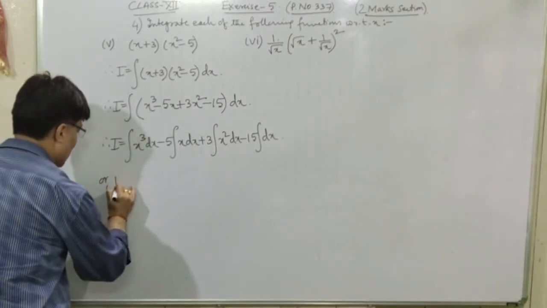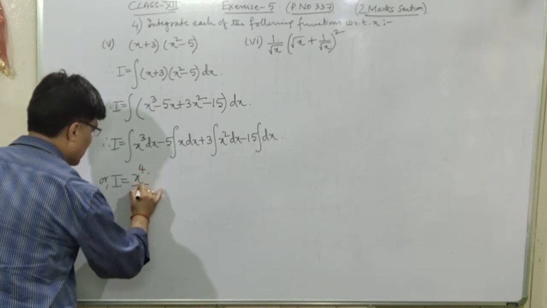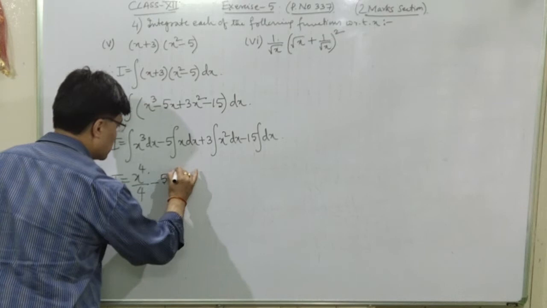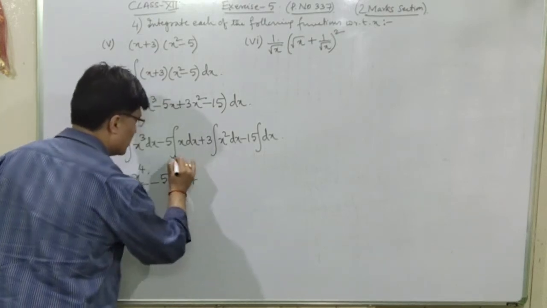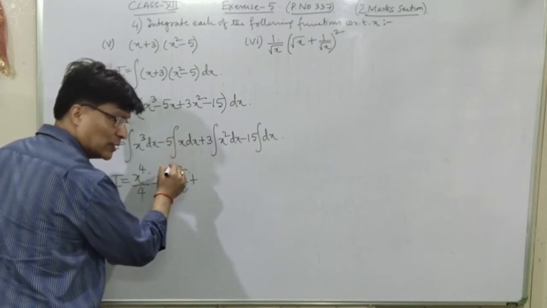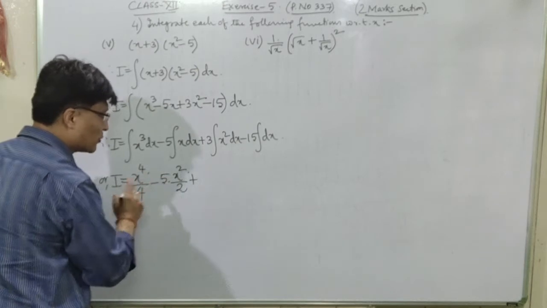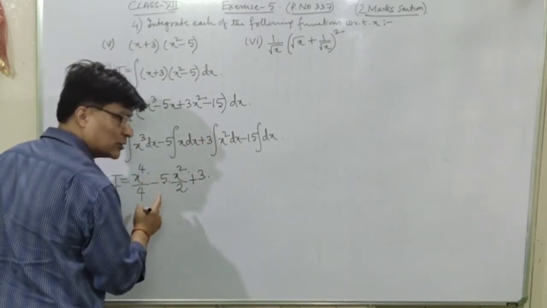So I is equal to, what is integration of x cube? X to the power 4 divided by 4 minus 5 into, what is integration of x? You know that x to the power 1 is there, so its integration is x to the power 1 plus 1 divided by 1 plus 1. That is your x square by 2 plus 3 into, what is the integration of x square?